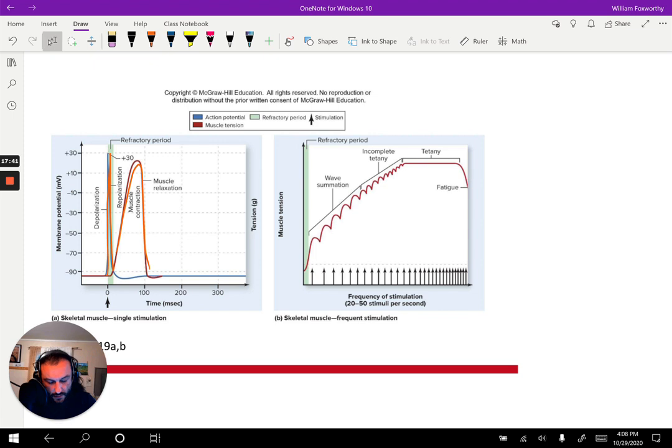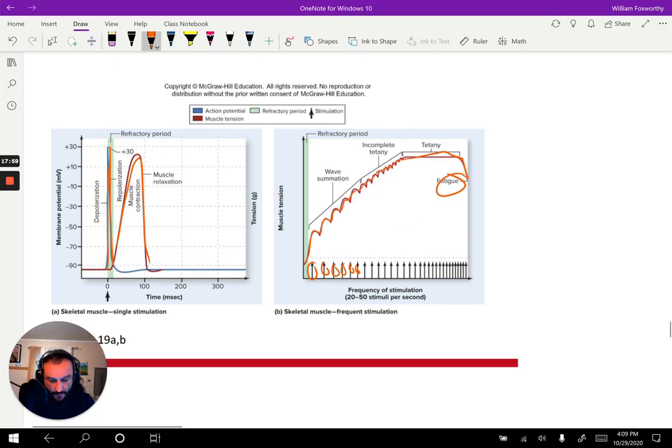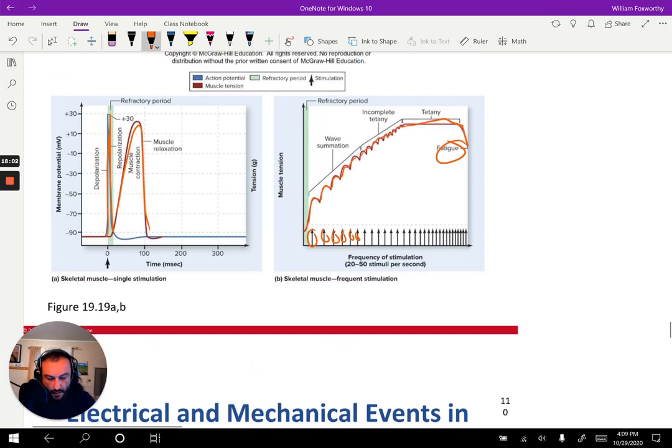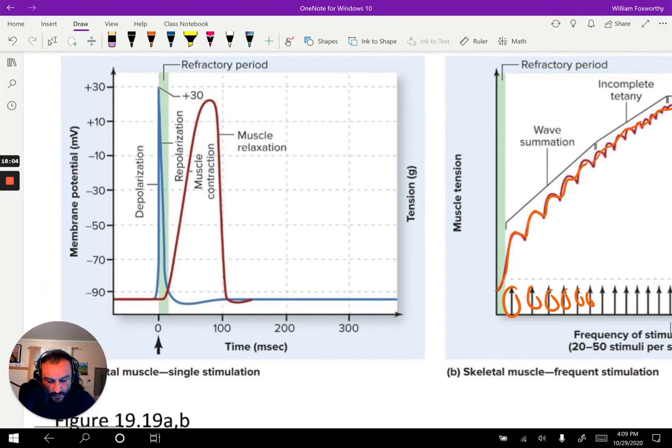If you put more frequent stimulation, so you drive more action potentials, the muscle will contract until it's totally seized up, until you have used up all of your ATP and you reach a fatigue state. And that's because the electrical activity of your skeletal muscle has a very short refractory period. So once that refractory period is over, you can fire another action potential and trigger another muscle contraction.